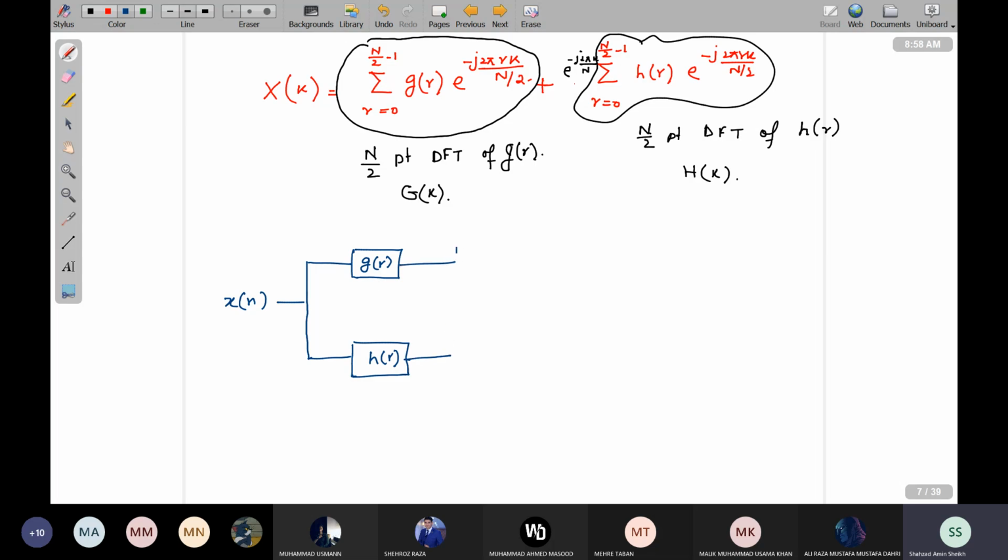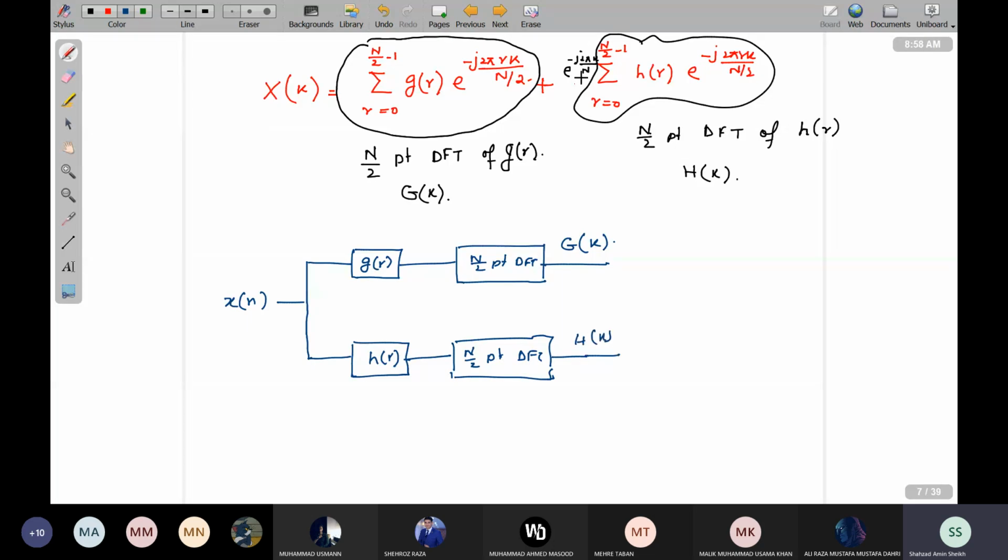Then we are taking the n over 2 point DFT of g of r, which is g of k, and we are taking the n over 2 point DFT of h of r, which is h of k.